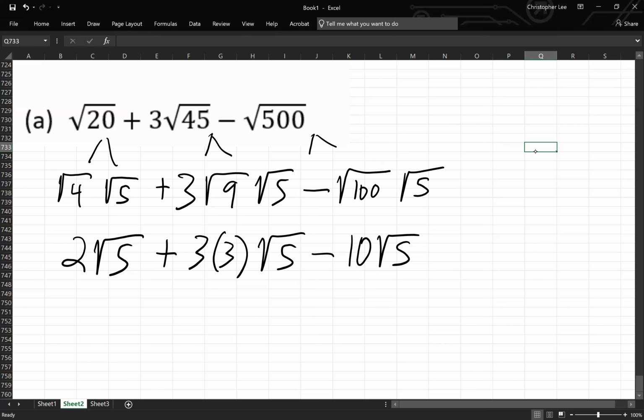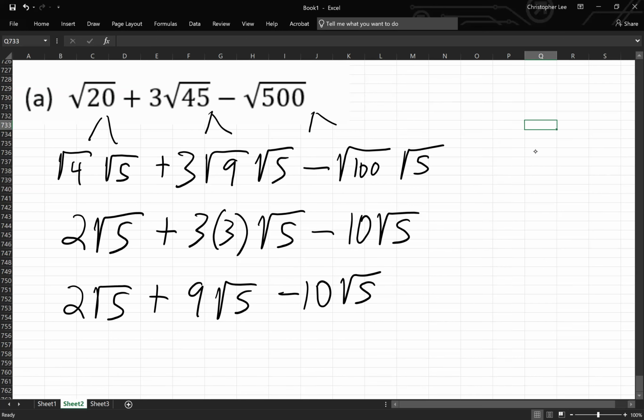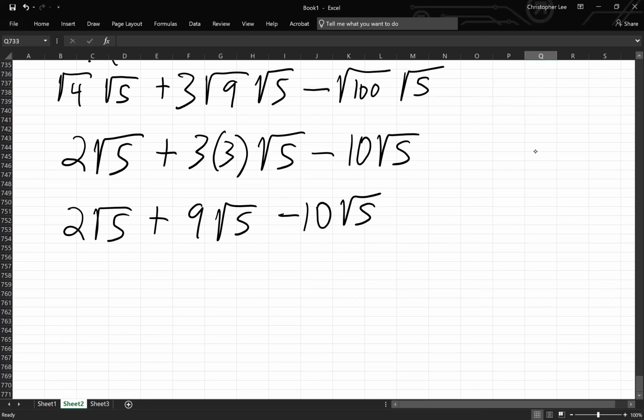Let's do the math on this. What do I get? 2. What's 3 times 3? It's going to be one square root of five, or just square root of five. Let's see, 9, 10, 11.